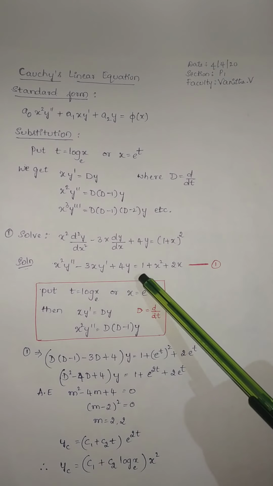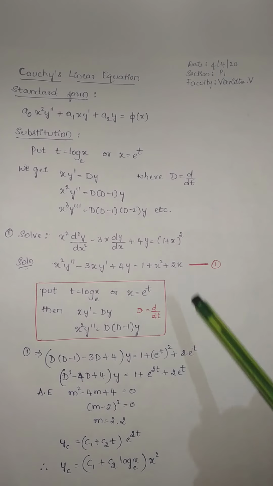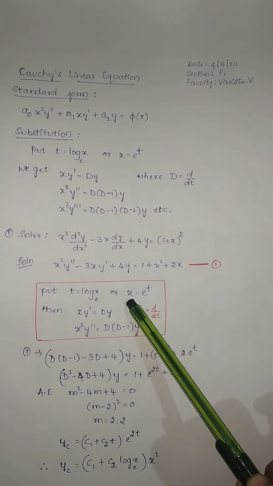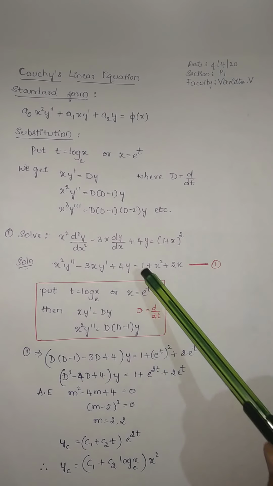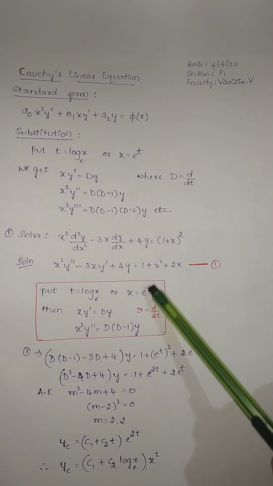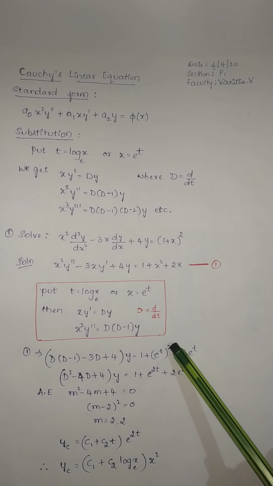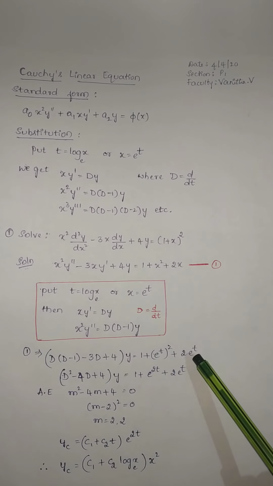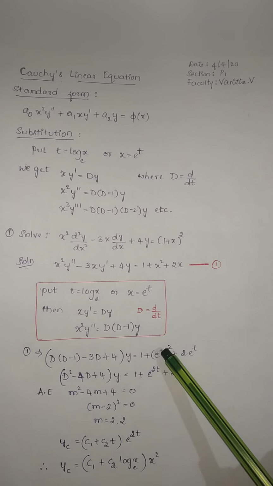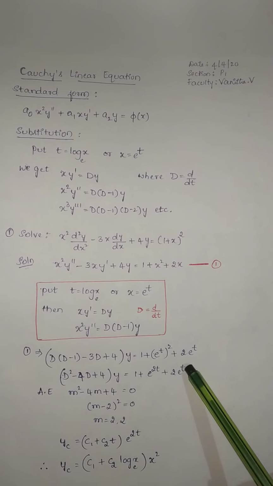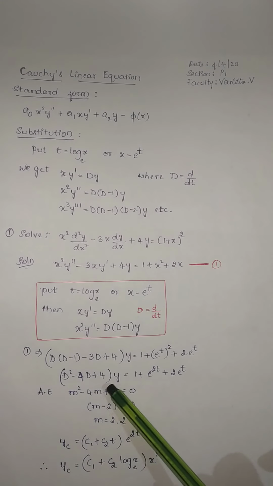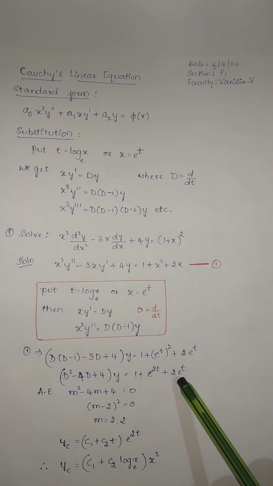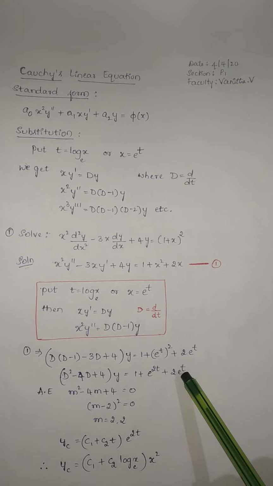If you come to the RHS, 1 + x² + 2x is written using this substitution as 1 as it is, in the place of x, (e^t)², plus 2 e^t, and (e^t)² is written as e^(2t). Now this is a differential equation with constant coefficients, which you already solved, so this will be a type 1 problem.